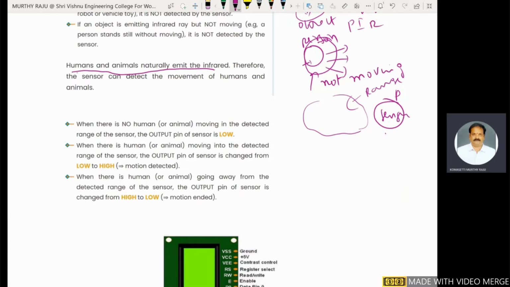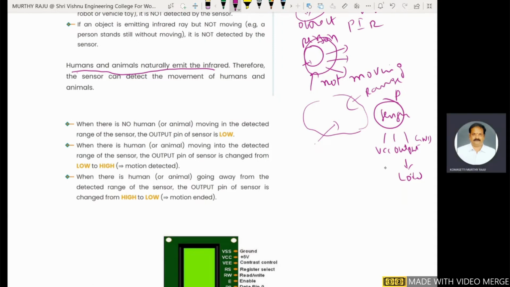The PIR sensor has 3 pins: VCC, output pin, and ground. The output pin is low because a living object is not there in the sensing area of the PIR sensor. Therefore, the sensor pin is low.